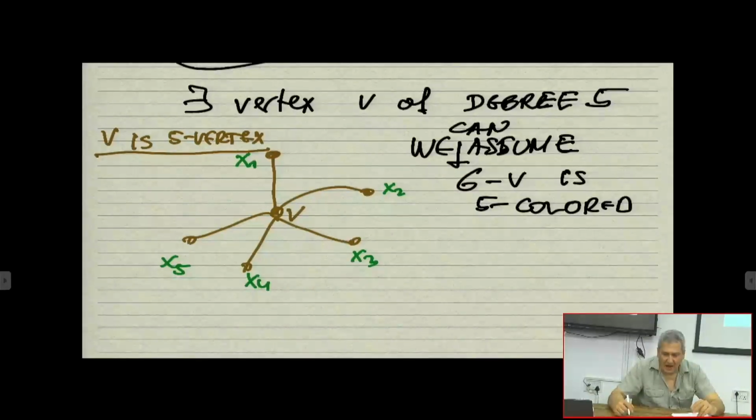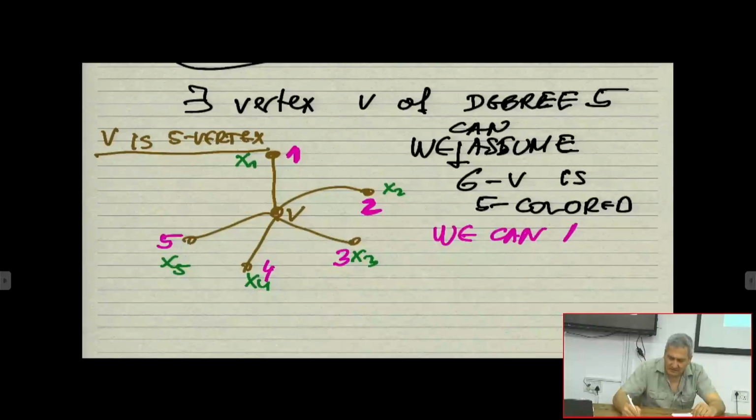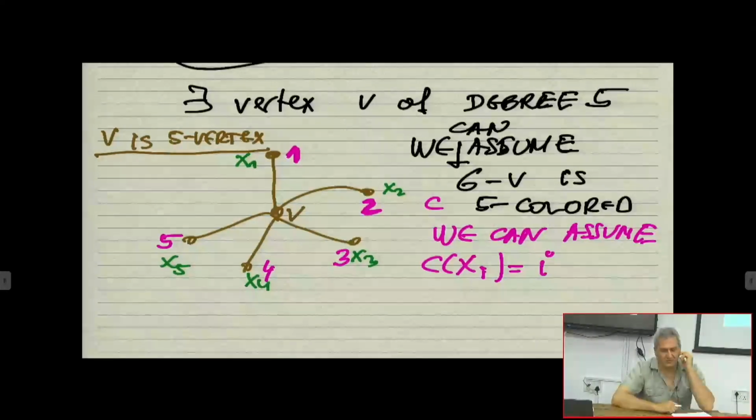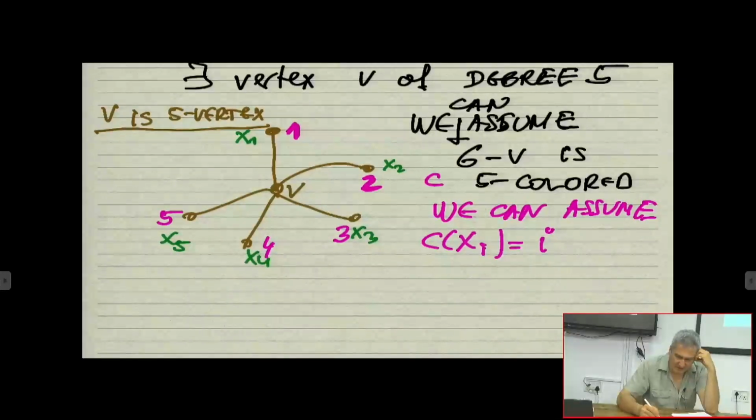And we can assume that in this coloring, the coloring is C, C of x_i is i. So x1 is colored by 1, x2 is colored by 2, x3 is colored by 3. So I need a little bit more space, so I will move this, copy paste.